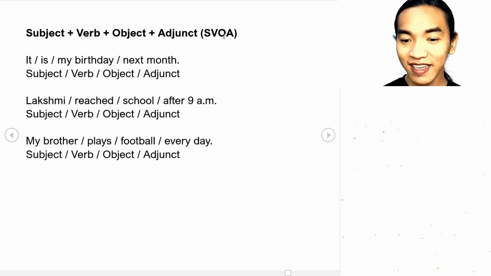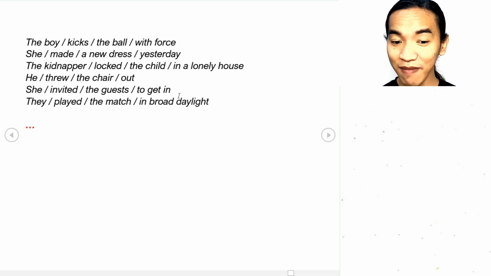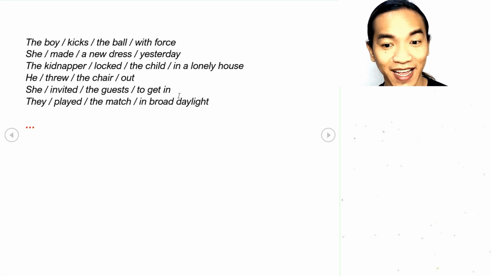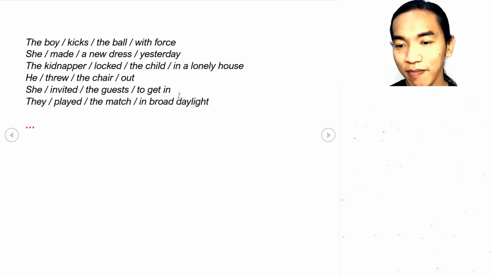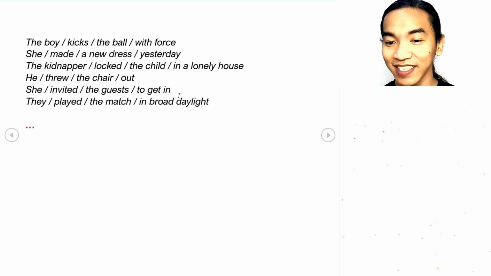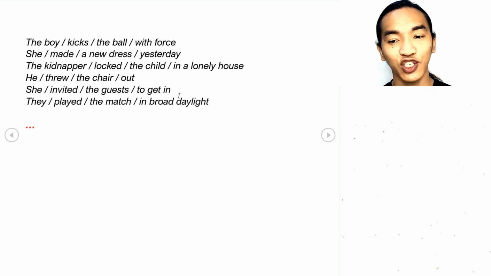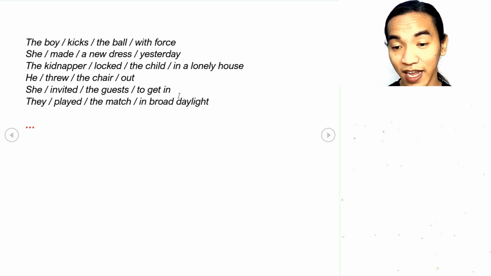All right, now we have here more examples. The boy kicks the ball with force. How? With force. She made a new dress yesterday. The kidnapper locked the child in a lonely place or house. He threw the chair out. She invited the guests to get in.